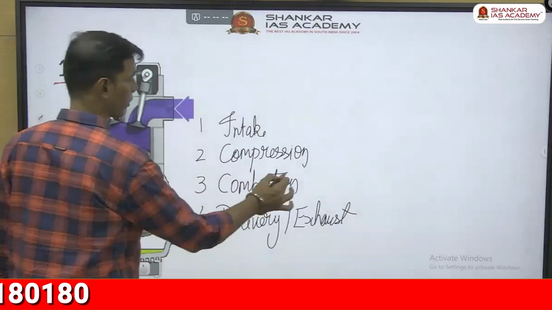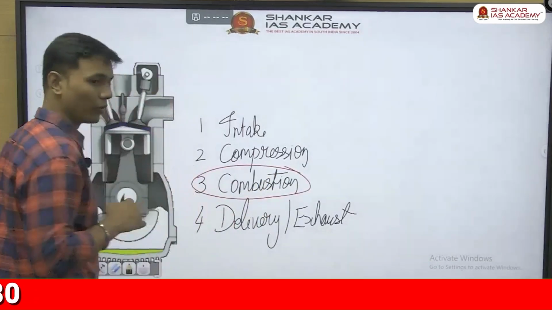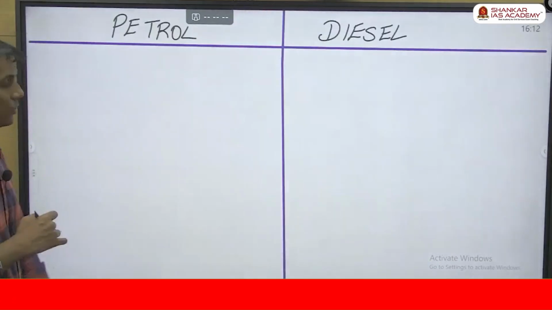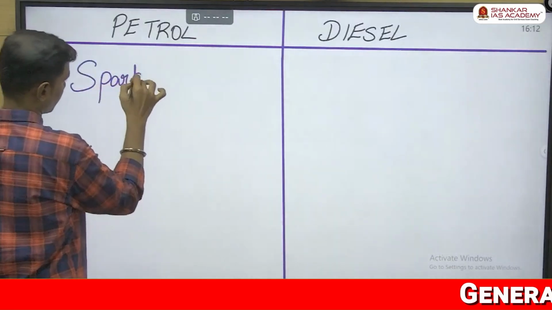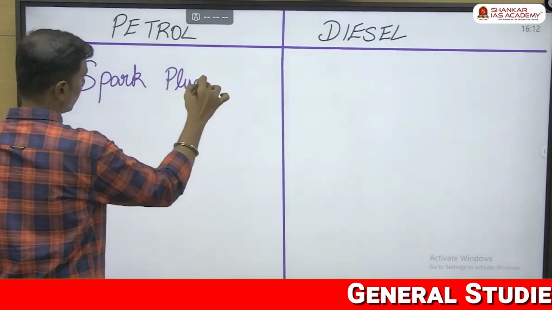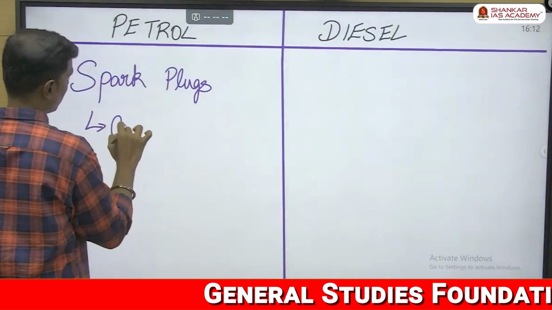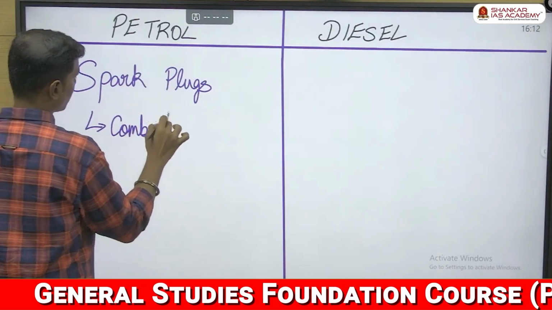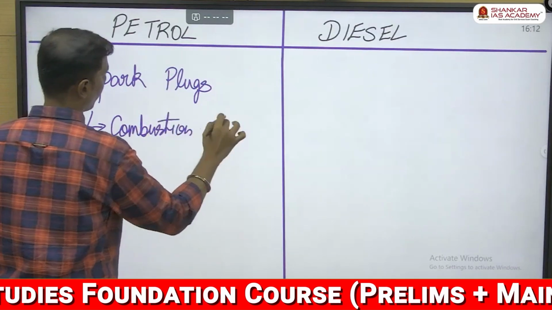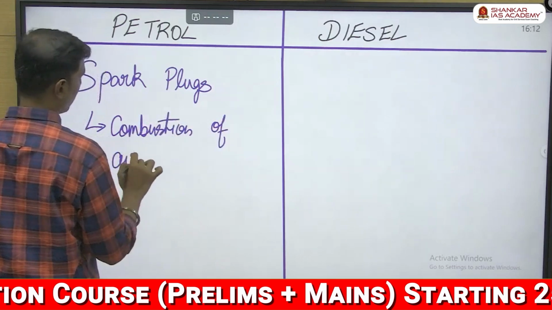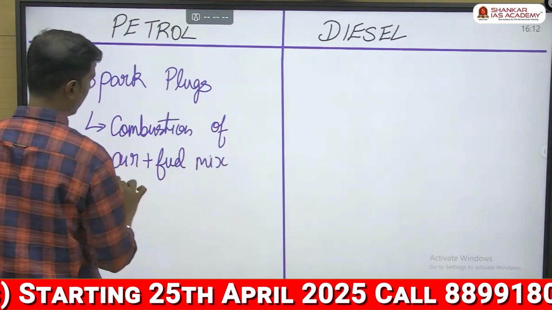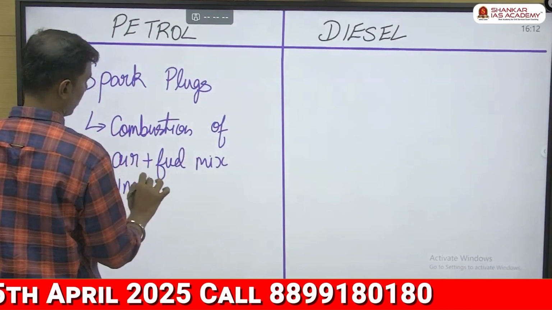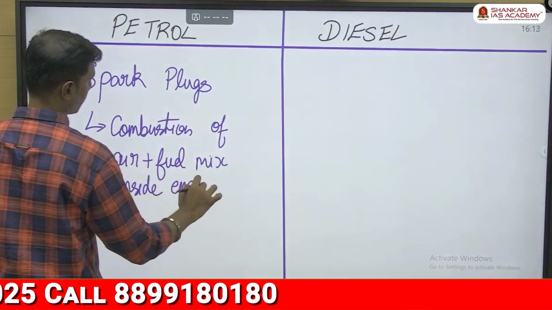Spark plug is used for combustion of fuel in petrol engines. You can write: spark plugs are used for the combustion of air and fuel mixture inside engines.